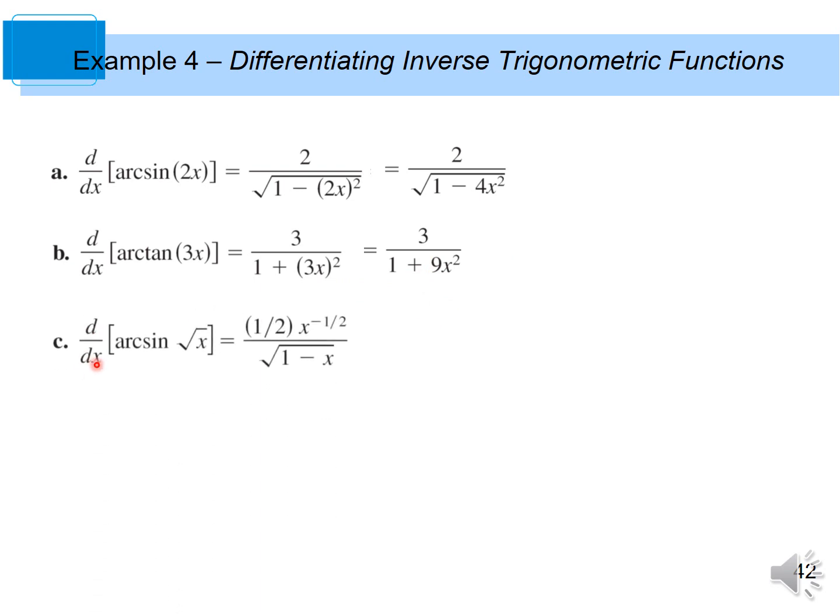For C, differentiate the arc sine radical x with respect to x. Also a composite function. So your first step, you can change the radical x to x to the power of half.